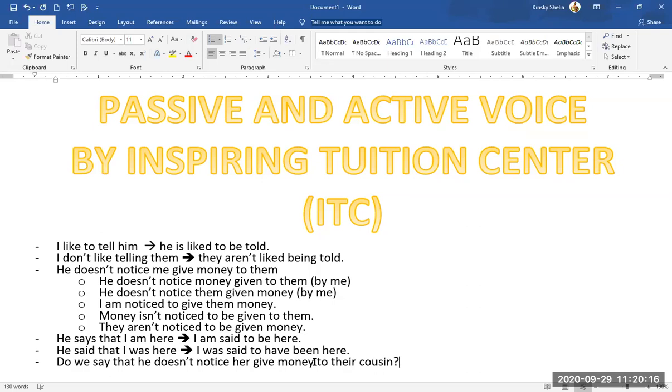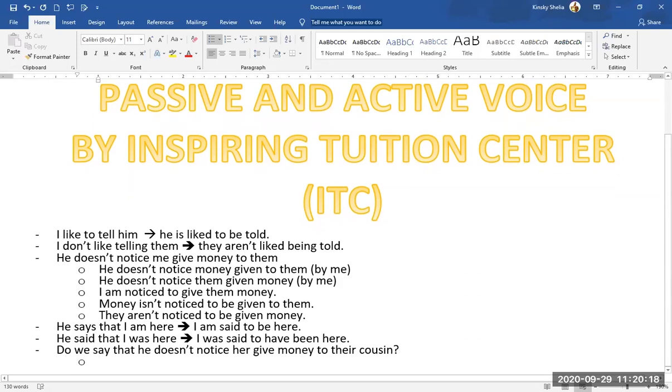Well, we can see here that the words have several elements that can be put in the front: he, her, money, and their cousin.